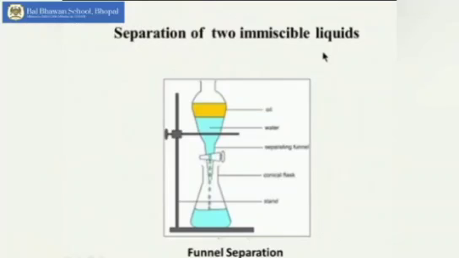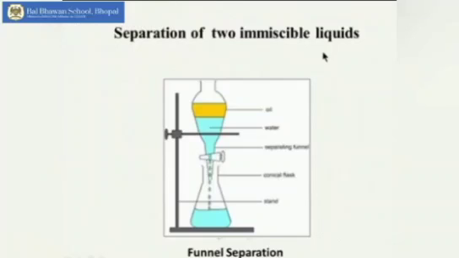For example, when you mix water and oil, they will not mix up with each other. After some time, you will see two different layers, one of water and the other of oil. Oil, being lighter than water, will float on water and will form a layer above the water.